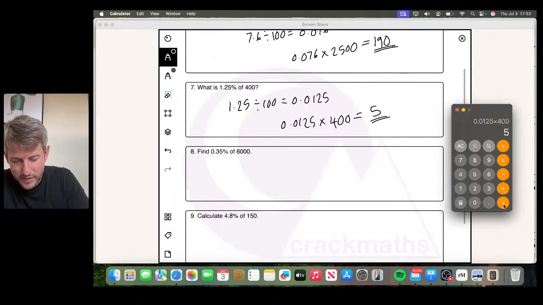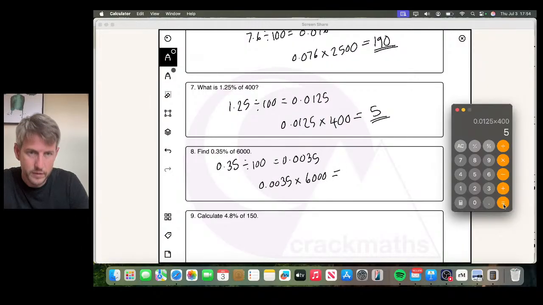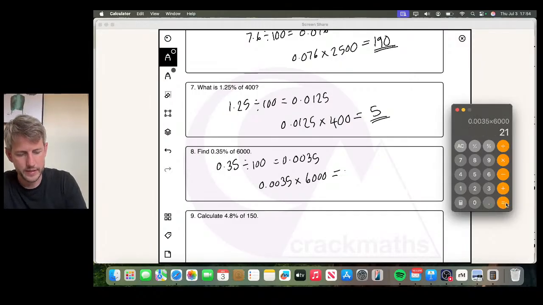Oh, this is interesting. So we've got 0.35 divided by 100 equals 0.0035. And then we'll have 0.0035 times 6,000. And we'll do that on the calculator. And that is 21. Okay.